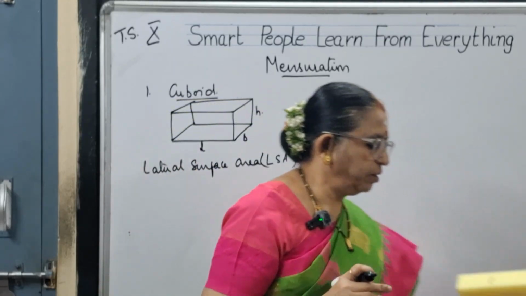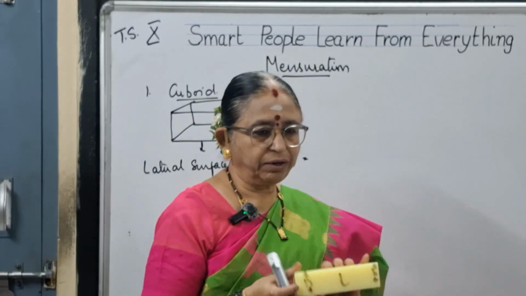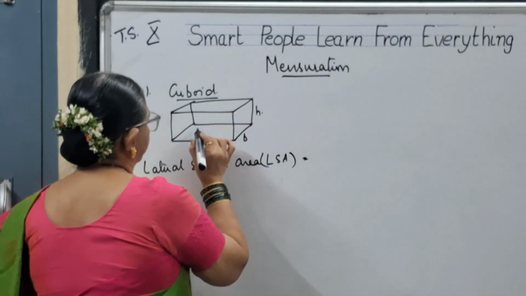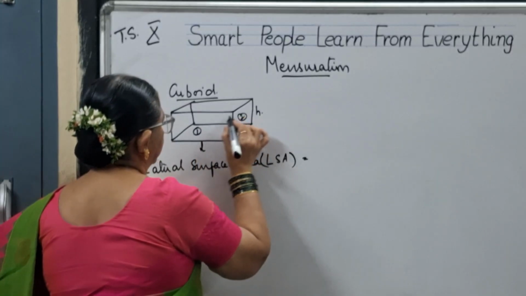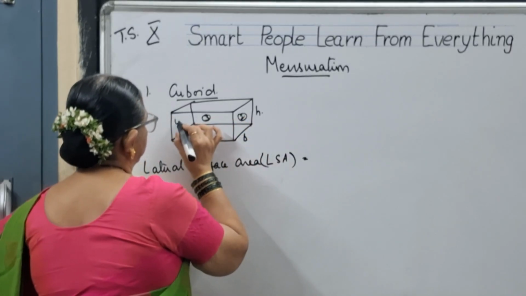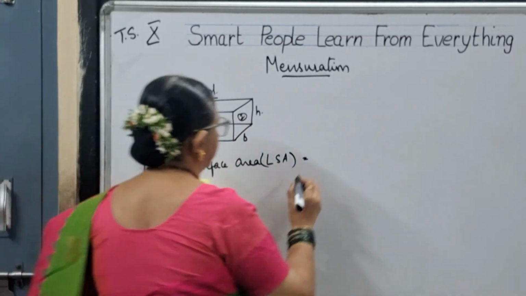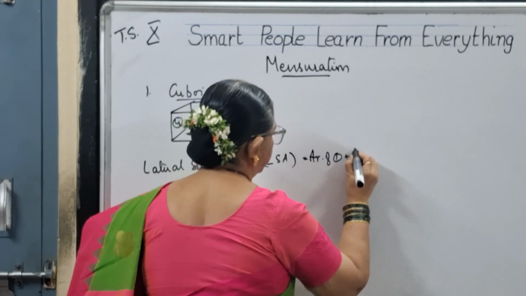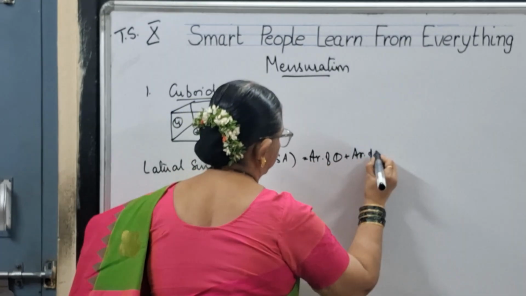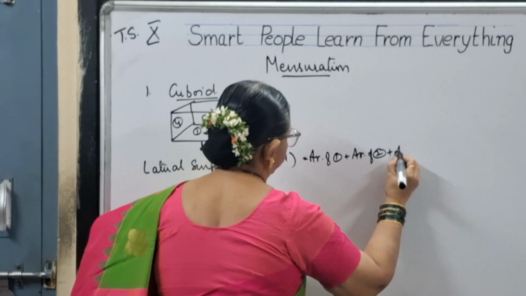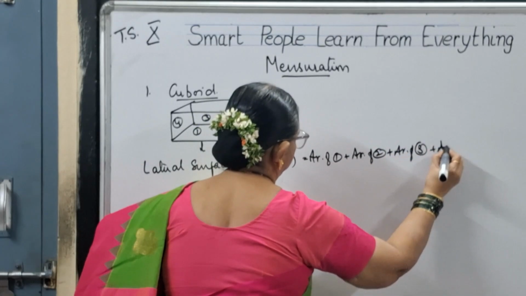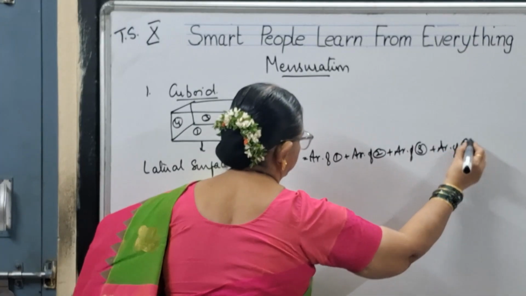So how will you find out? Suppose you wanted to find out area of this. Here we will be calling this as first, second, third, fourth. Lateral surface area means area of first figure plus area of second figure plus area of third one plus area of fourth one.